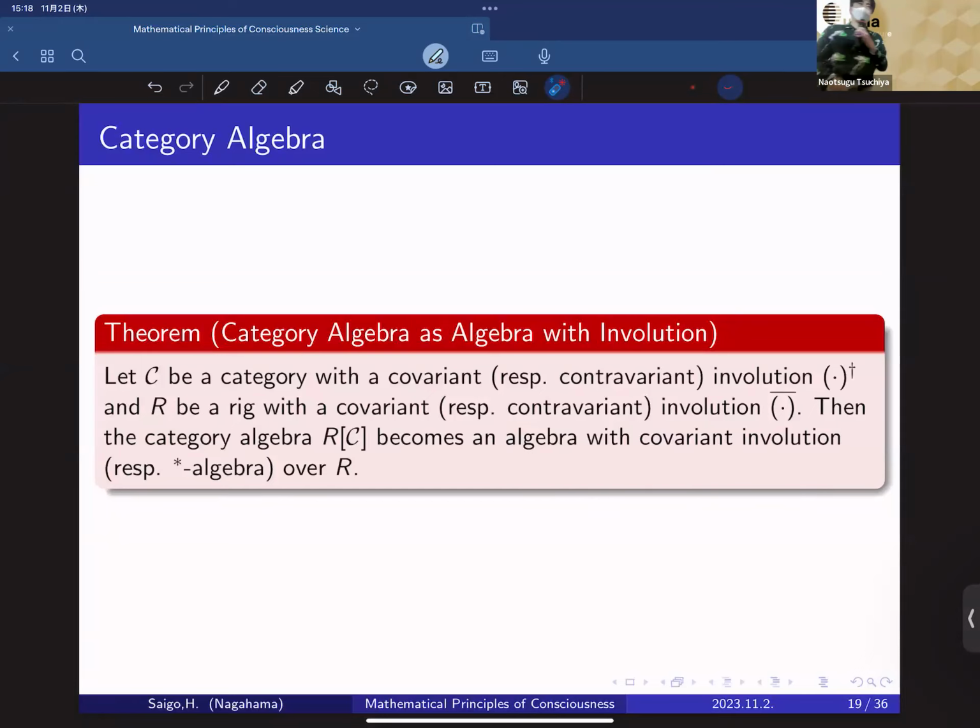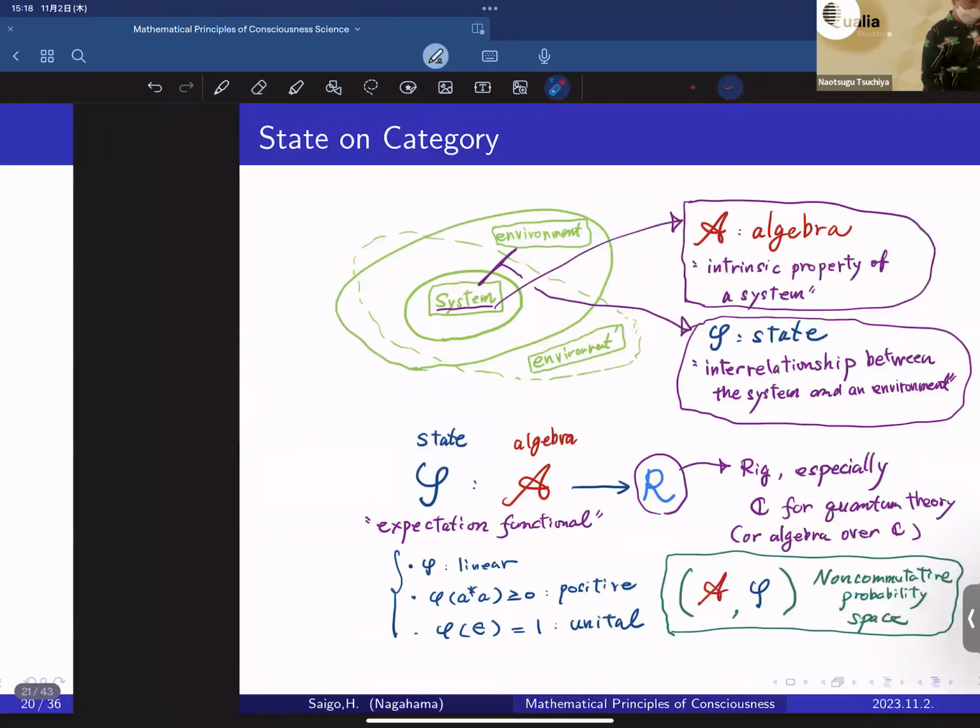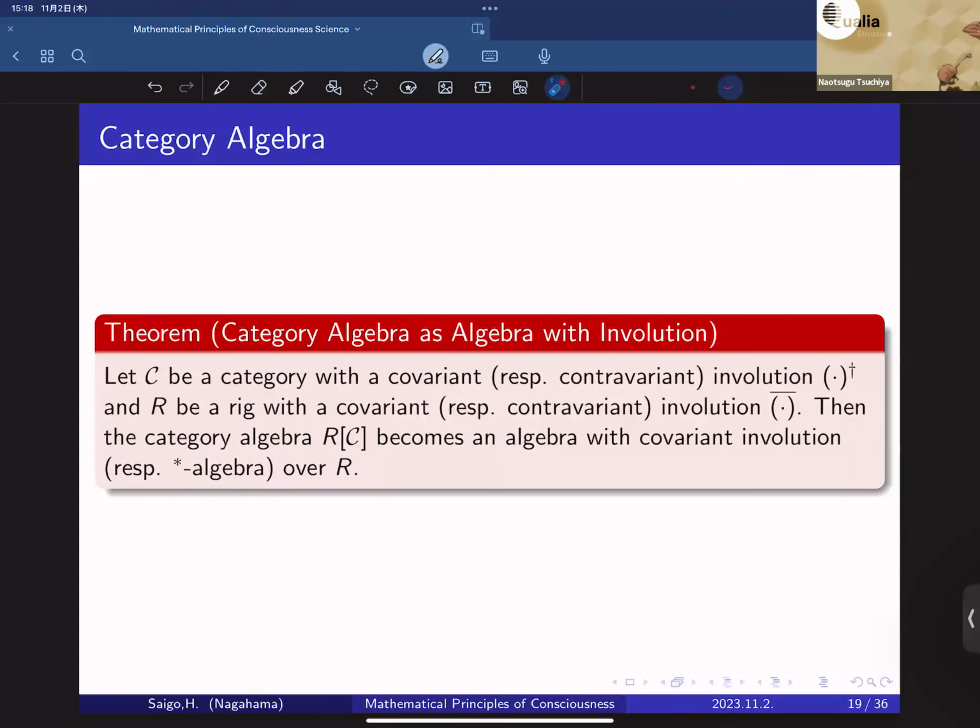The star algebra structure was introduced by Masanao and Kazuya. This is a generalization of the Hermitian conjugate, like the complex conjugate or Hermitian conjugate, generalized into the very general category algebra. Okay. So the point is why we need this.